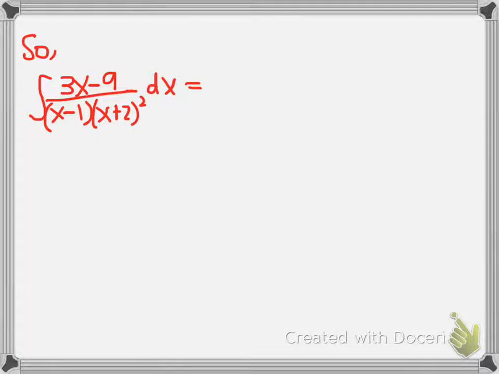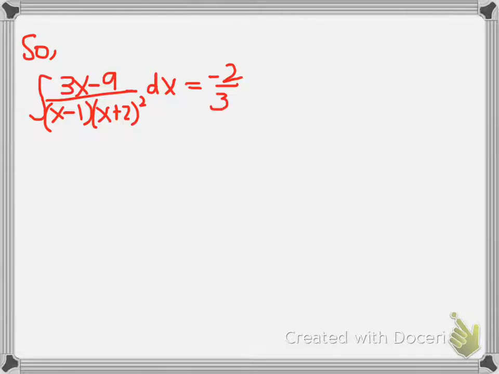So for our final answer, the integral of (3x minus 9) over (x minus 1)(x plus 2) squared is going to equal, and I'm just going to put in our values. I'm going to simplify and break up the integral.